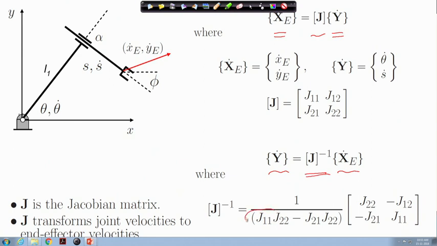And once again the same consideration comes up: the Jacobian must be invertible, or in other words its determinant must be non-zero. So, if the determinant is 0, then we cannot invert, which means we are losing some degrees of freedom, and this is what we are going to discuss in a subsequent lecture.